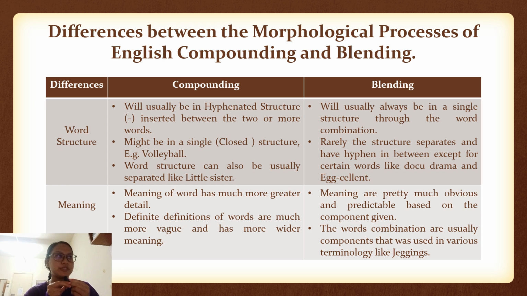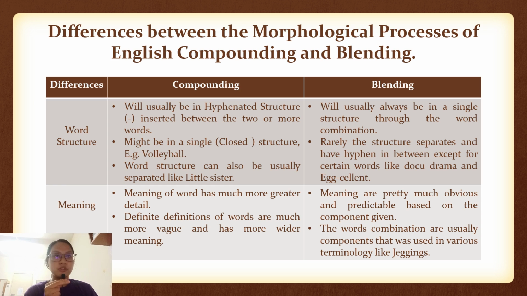Meanwhile, the blending process will usually be in a single form. It rarely has a separated form like the open form in compounding, and it does not usually have a hyphen except for certain words, for instance, like excellent, which is a blend but is hyphenated in between.